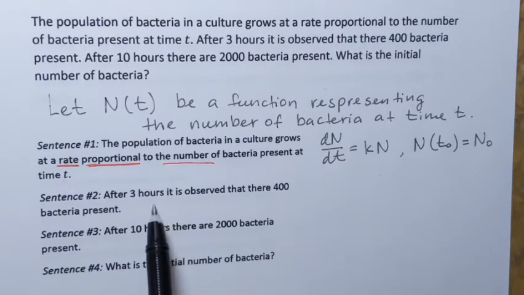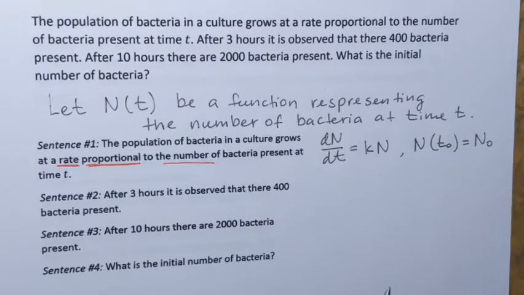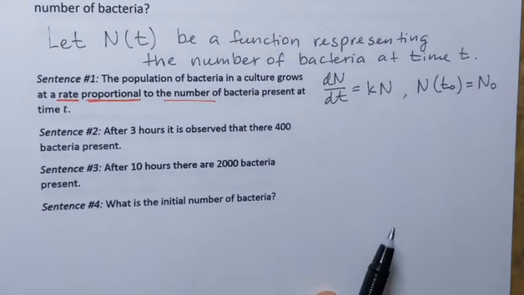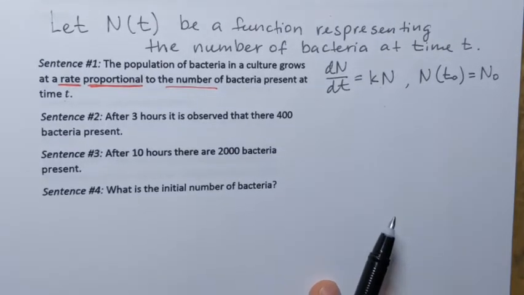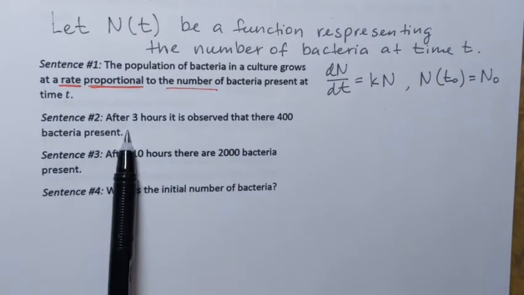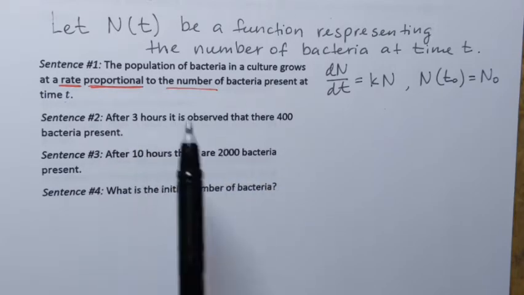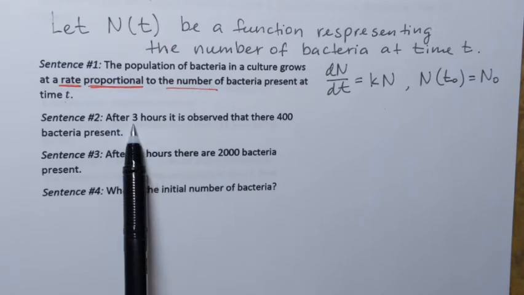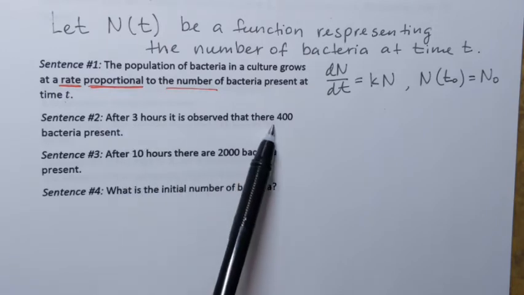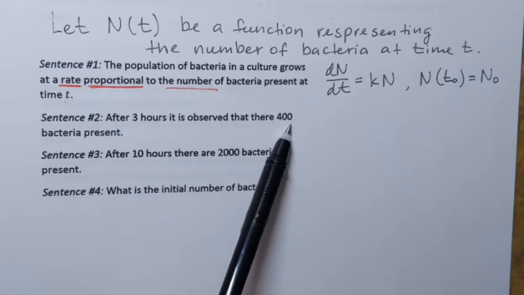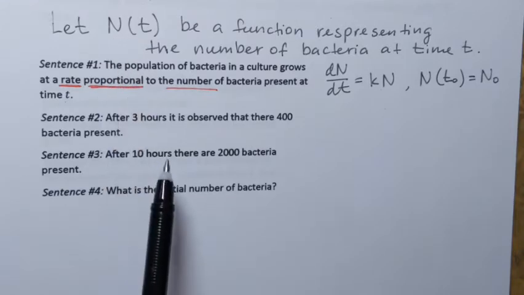Moving on to the sentence number 2, it says, after 3 hours, it is observed that there are 400 bacteria present. Okay, what is the meaning of that sentence? Or in other words, how can I translate it to math and describe it using math notation? Well, here in this sentence, I'm given specific time and I'm given specific number of bacteria, which is the function value, right?